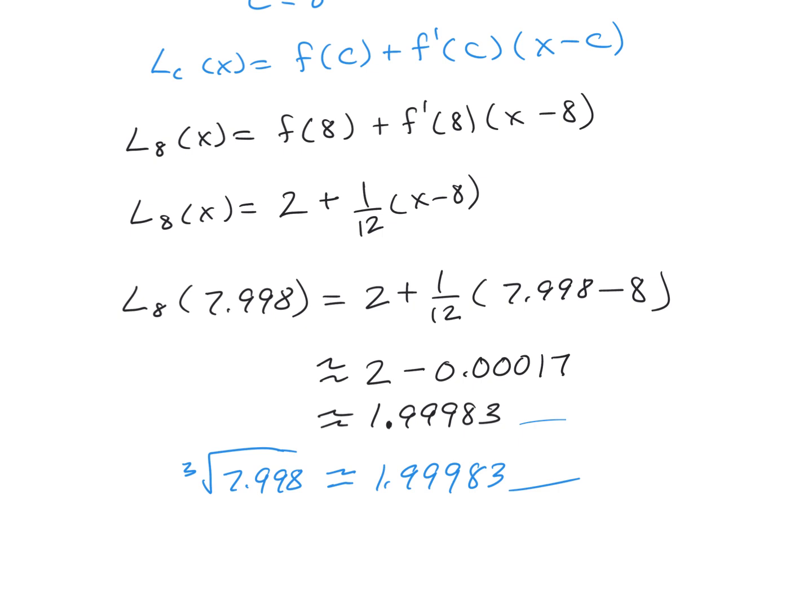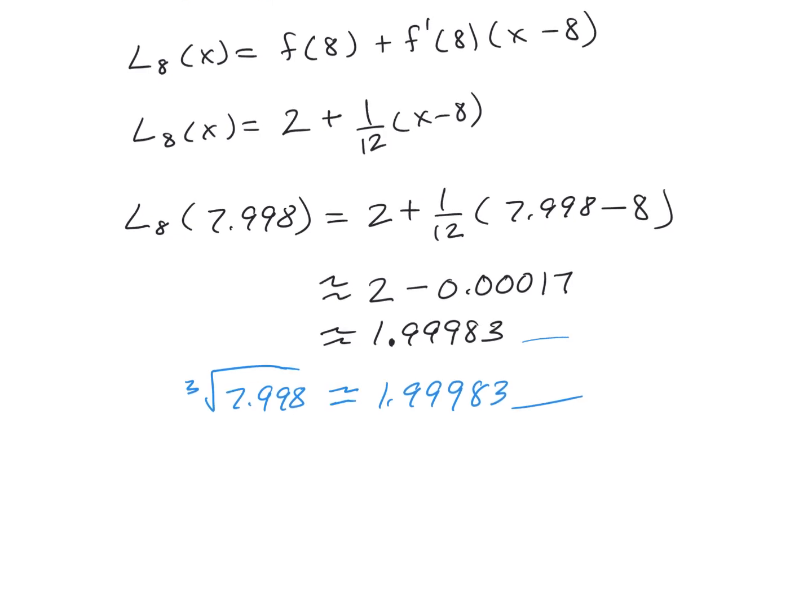One other comment I wanted to make here is comparing this to differentials. If you think about differentials, we know that the function at x plus a small change in x is approximately the function at that point plus the derivative at that point times the dx, or the delta x, if you will.